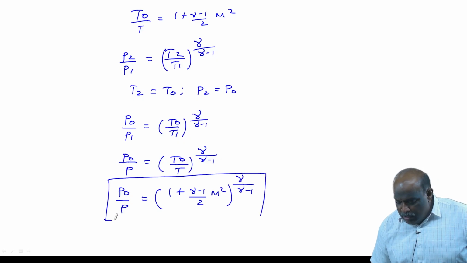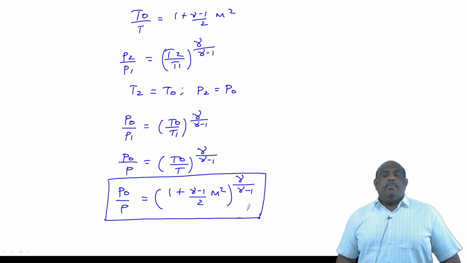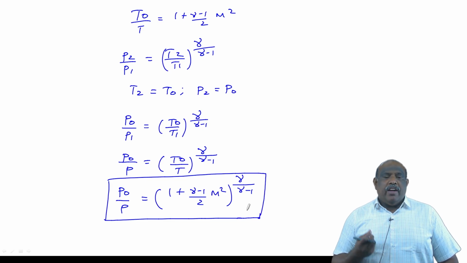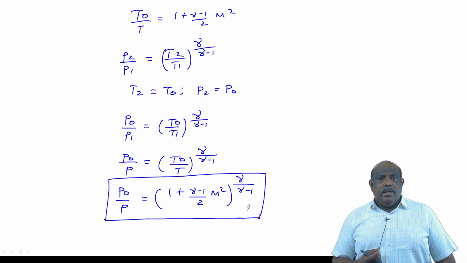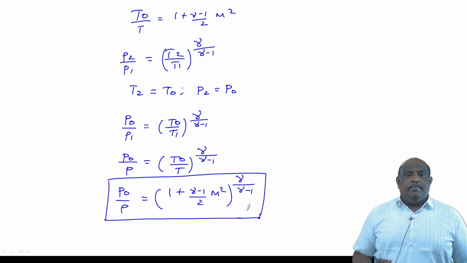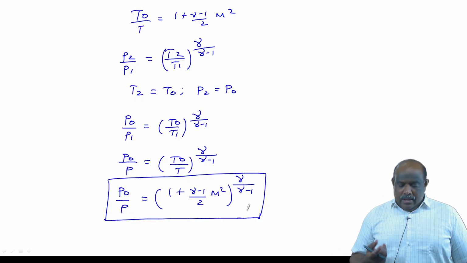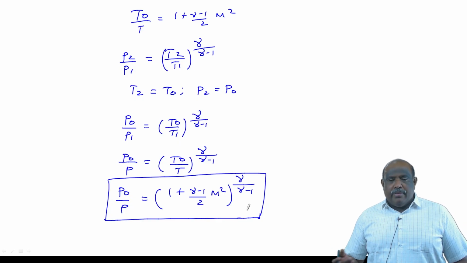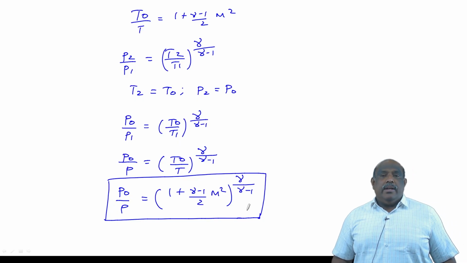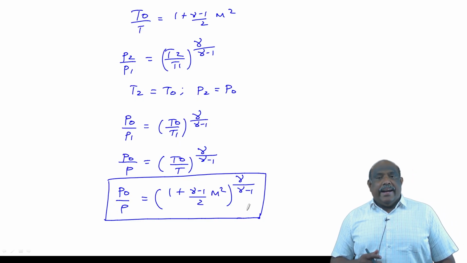So, this value of P naught by P is what we want, where P naught is your stagnation pressure, and P is the static pressure, which we got in terms of gamma and M. Gamma is a constant generally, M is the Mach number. So, if the Mach number varies, then my P1 also varies, and I will get the stagnation pressure P naught. But for deriving this P naught, it is not enough only to be adiabatic, it must also be reversible adiabatic.